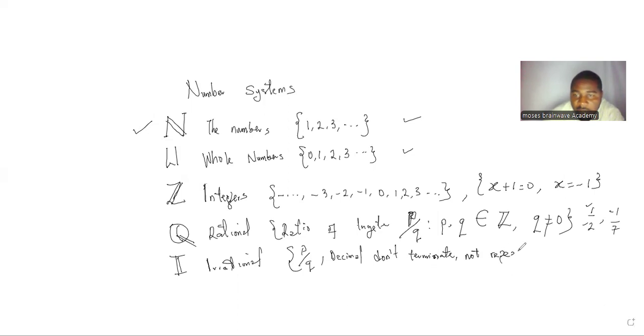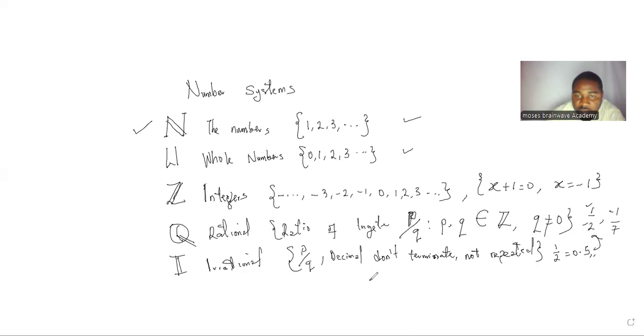For example, 1/2 is the same thing as 0.5. This number is rational, because the decimal terminates. It is part of the rational numbers.